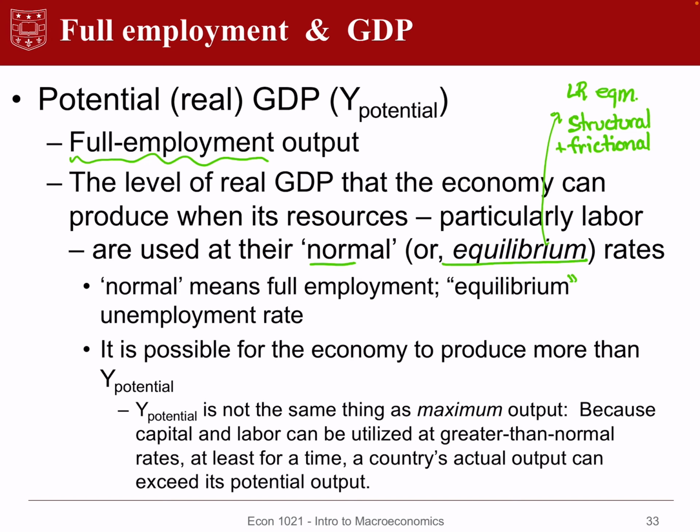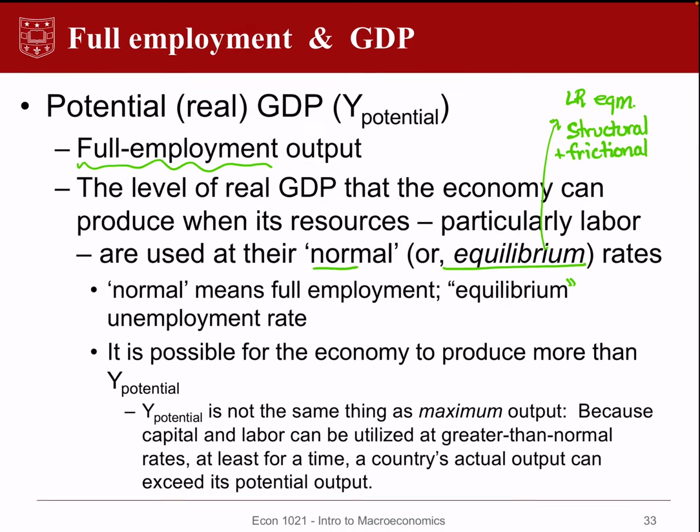We can have labor work extraordinary overtime hours, or the same thing with physical capital. We can forgo taking a machine offline and doing the normal maintenance and instead just run it a lot longer. But that's not, in a long run sense, going to be sustainable. So it is possible for the level of gross domestic product for a period of time to exceed that potential level, but not in perpetuity.